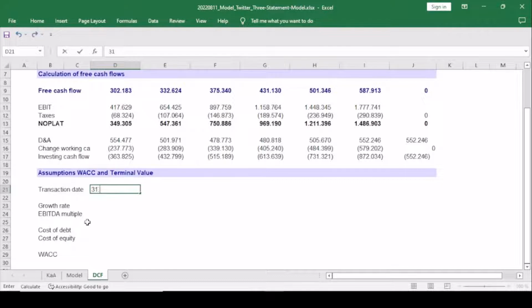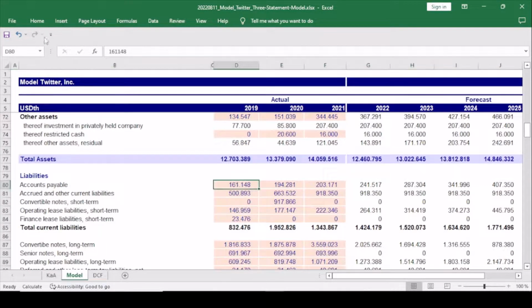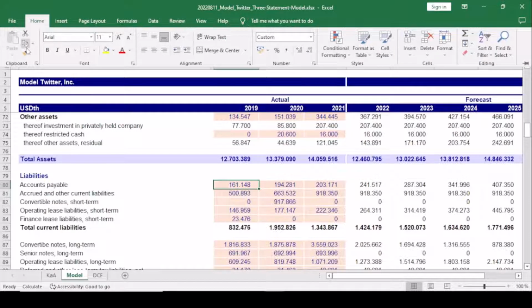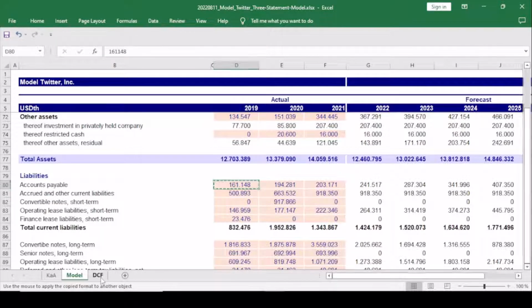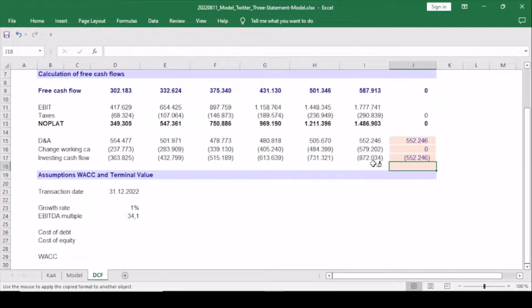So for the moment, we plug in some dummy numbers. And of course, we have to adjust the format.